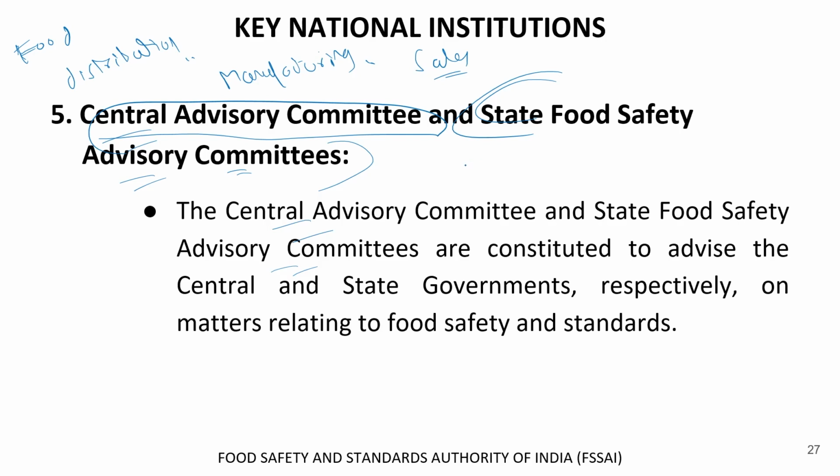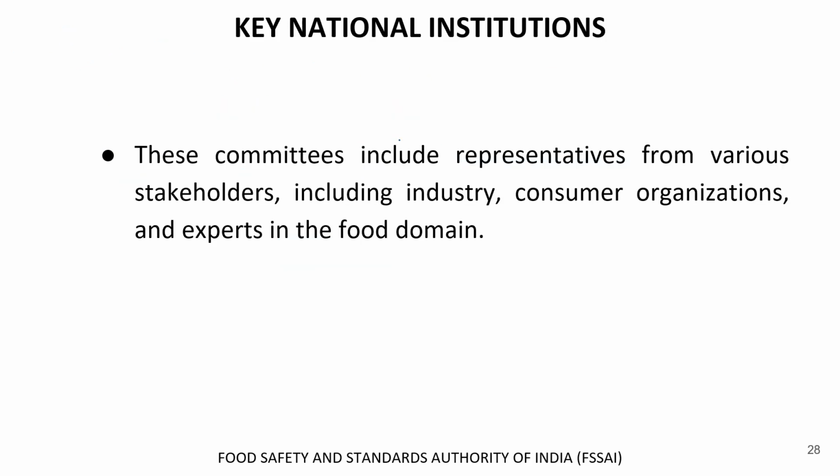In this scenario, they make the blueprint over this, then they submit it to the Executive Council. The committee includes representatives from various stakeholders, industry, consumer organizations, and experts in the food domain.